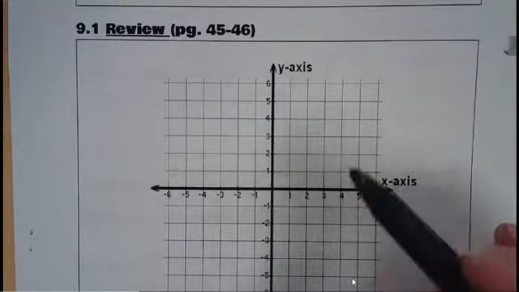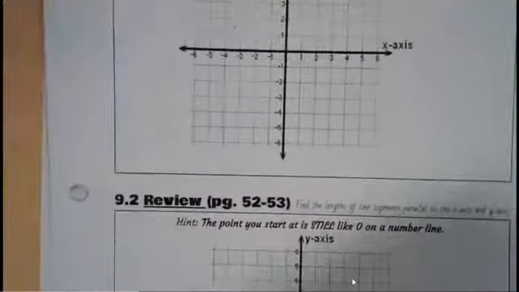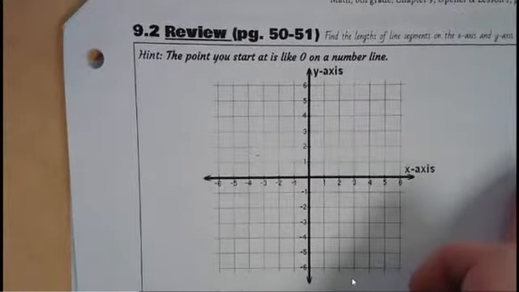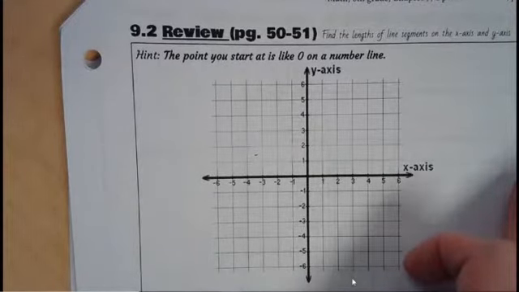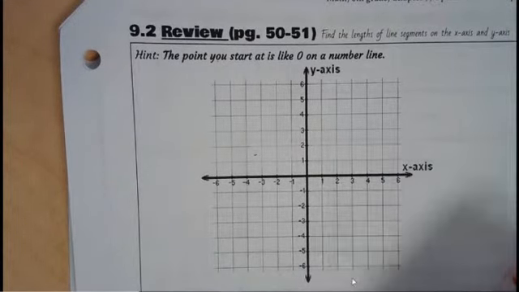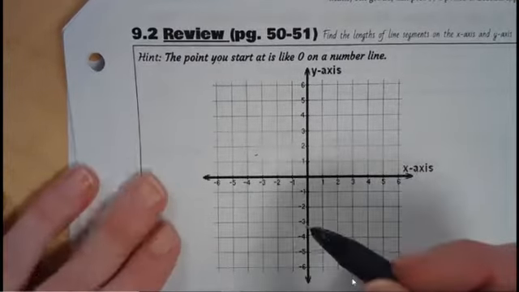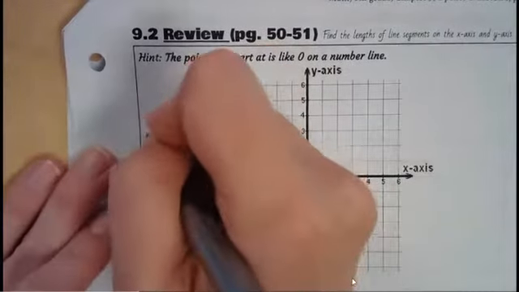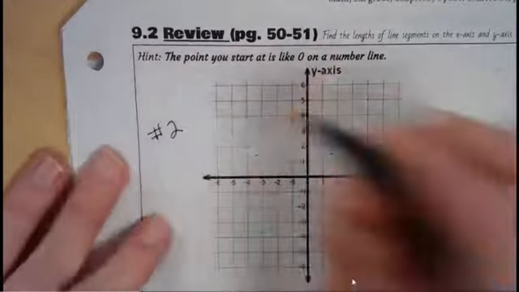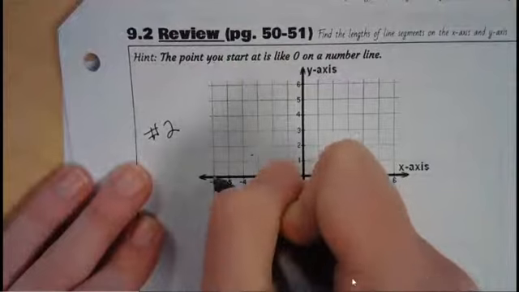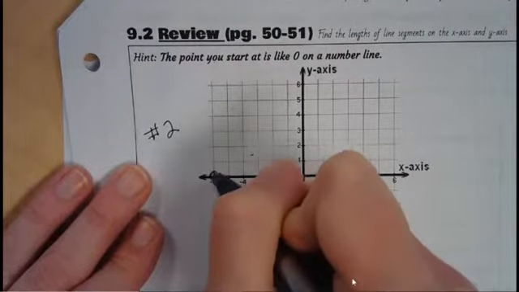And then if you switch to lesson 9.2, which is on page 50, starting out, this is the length of line segments. So you would just plot the points. On page 51, if we do number 2, we're going to plot point E at (-6, 0), and then F is at (-2, 0).